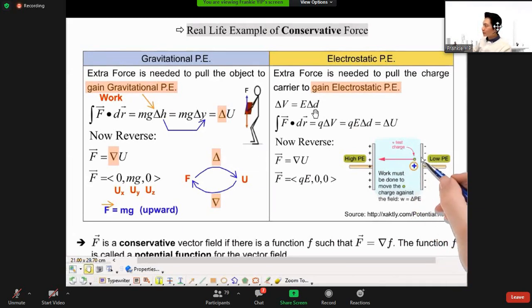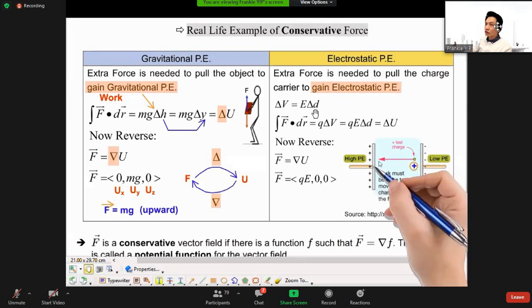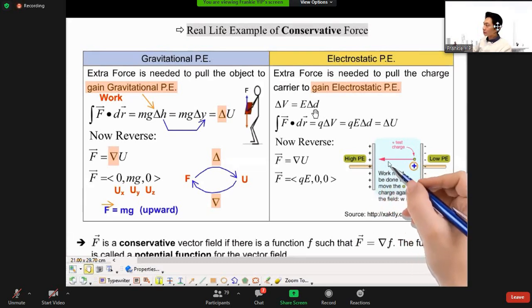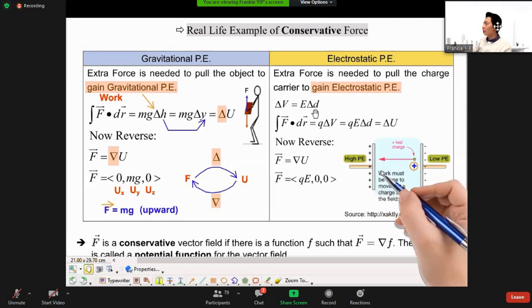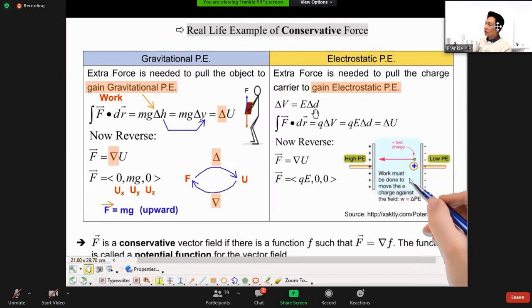If I would like to move this positive charge to here, they need to have extra work done. Why? Because it violates the natural phenomenon that unlike charges attract. This is a positive charge, right?